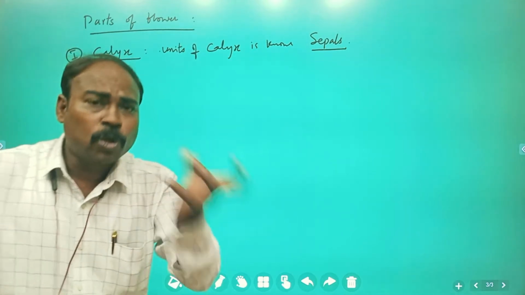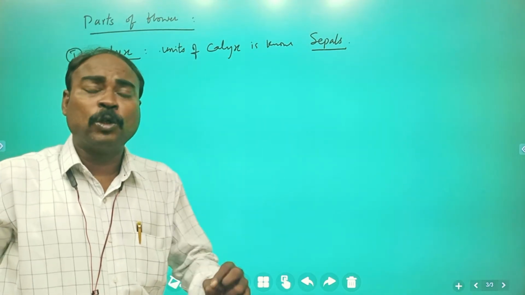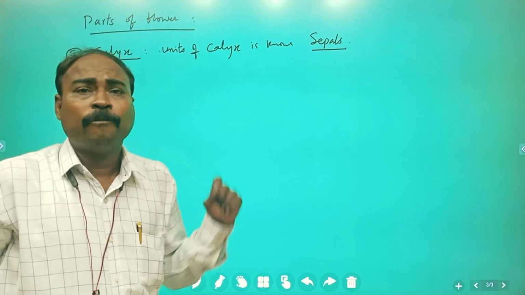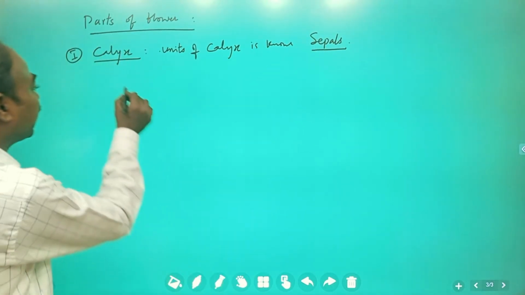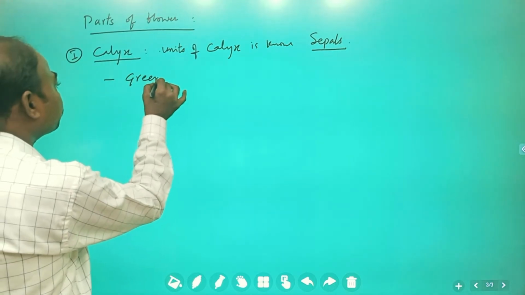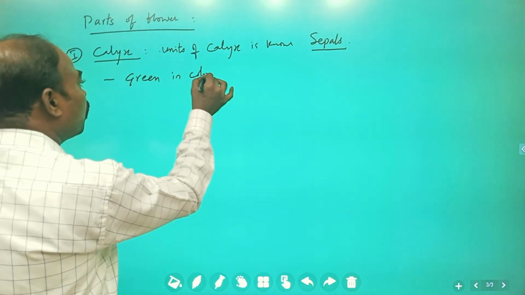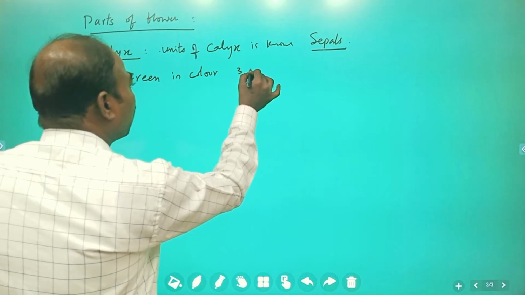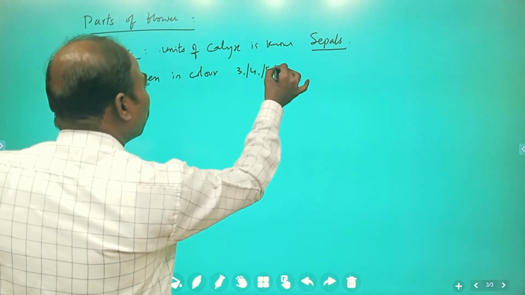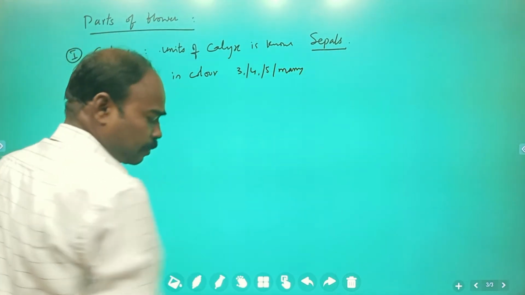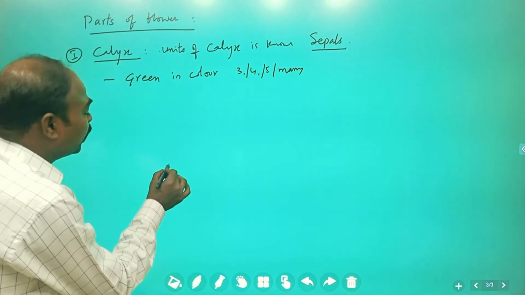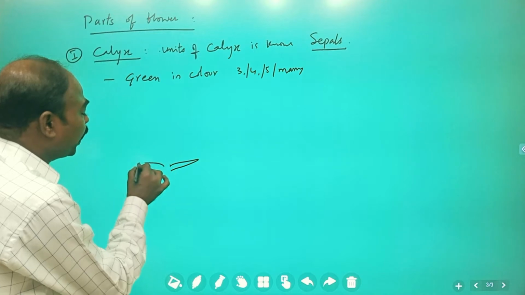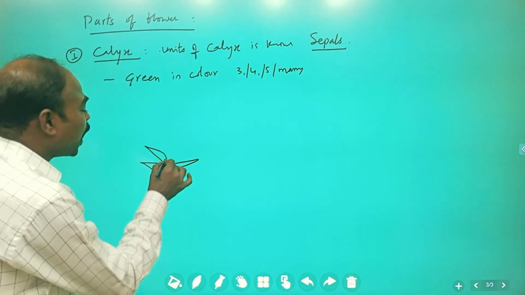Calyx is the outermost whorl of a flower, which consists of sepals. The sepals are green in color, may be 3 or 4 or 5 or many in number. The sepals in a flower may be free or may be united.